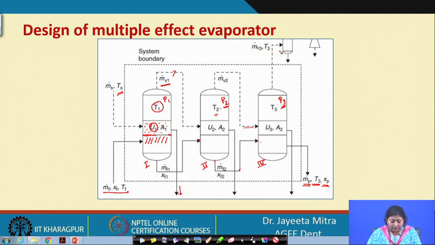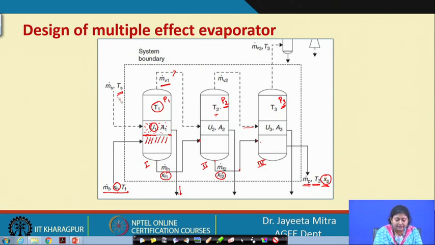So, this is the total system. The xf, which is the concentration of solid in the feed, will be concentrated to xf1, further concentrated to xf2, and we get the product xp, which is highly concentrated.